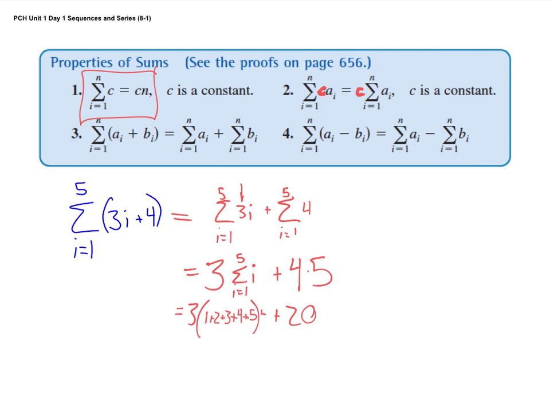So 1 plus 2 plus 3 plus 4 plus 5 is 15. So 3 times 15 plus 20 is 45 plus 20, so we've got 65. Okay? So if we're able to break it down a little bit, that makes life a little easier for us. Keeps the numbers smaller, less work to do.